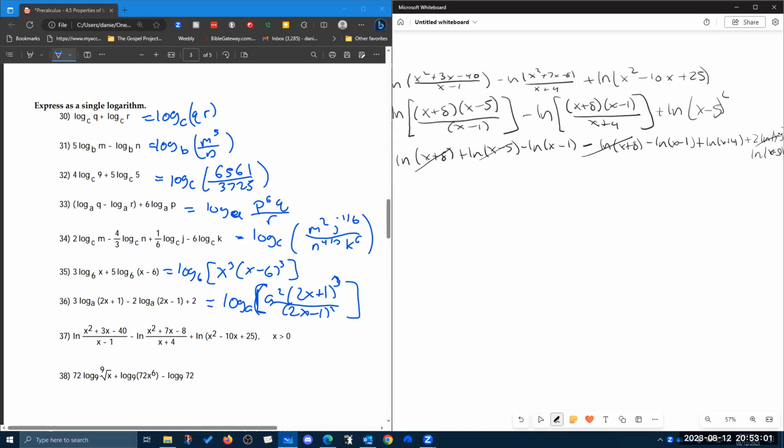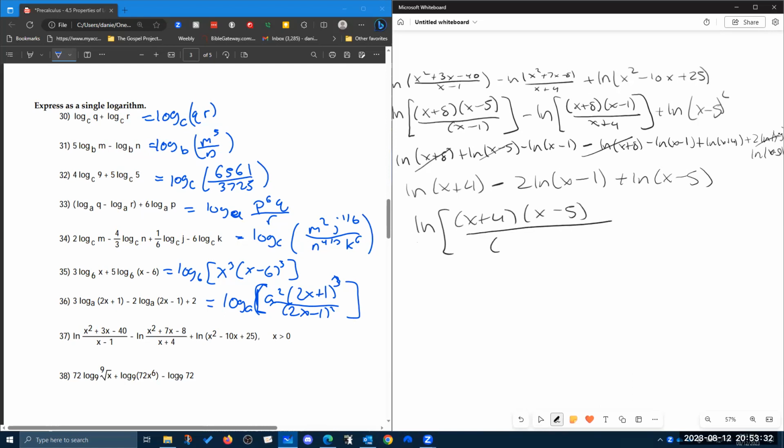And I have ln of x plus 4 minus 2 ln of x minus 1 plus ln of x minus 5 is what all that simplifies down to. So that comes to a single log of ln of x plus 4 times x minus 5 over x minus 1 squared.